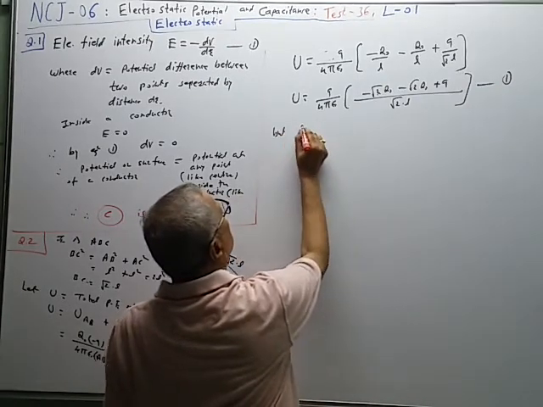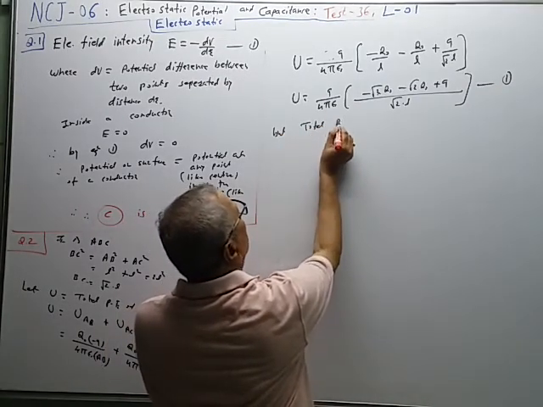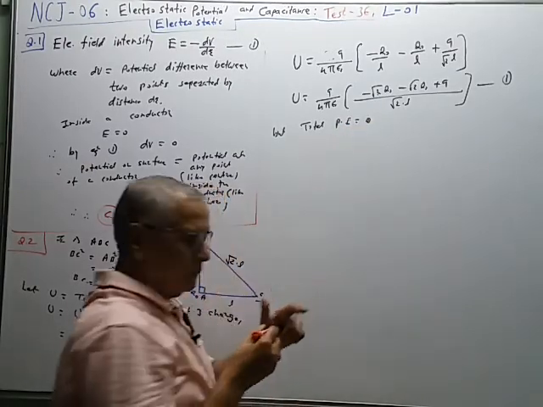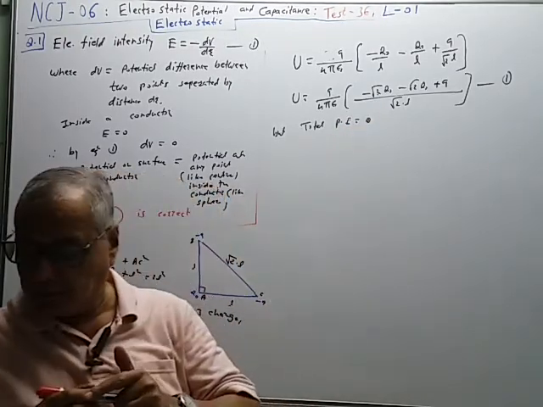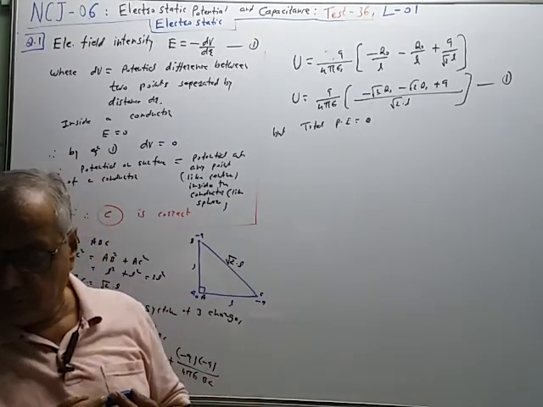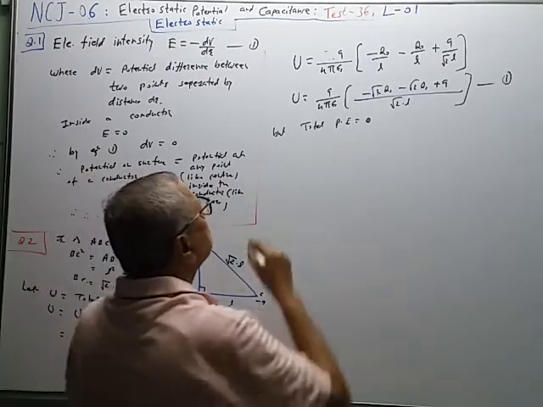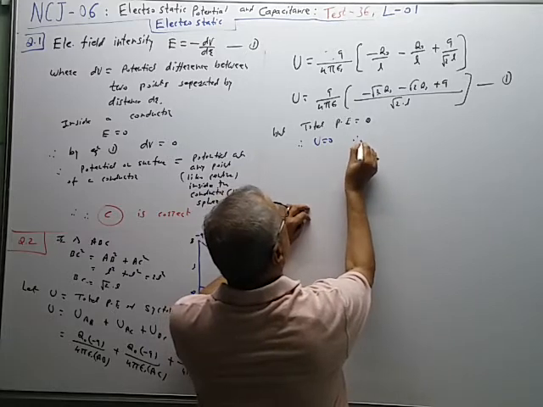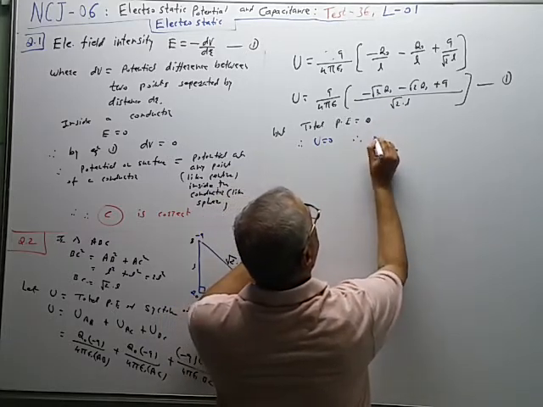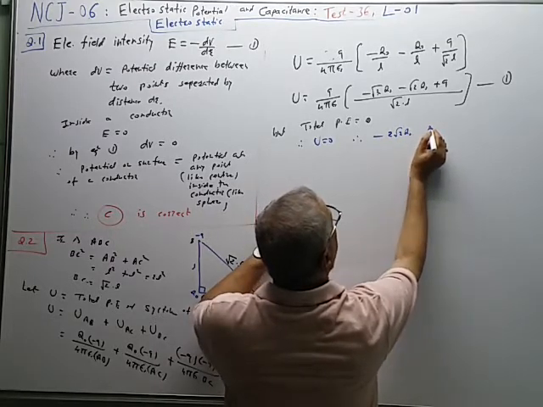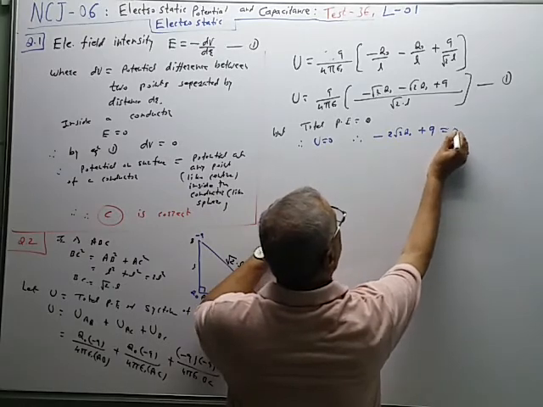But total P is equal to 0. Total P is equal to 0, therefore U is equal to 0, therefore this is minus 2 root 2 times Q0 plus Q is equal to 0.